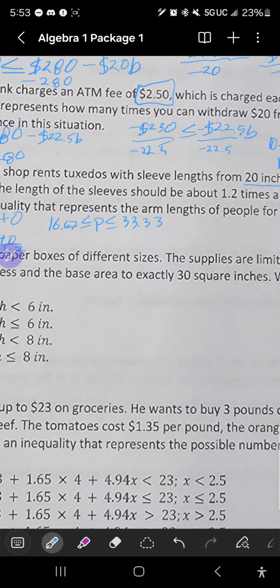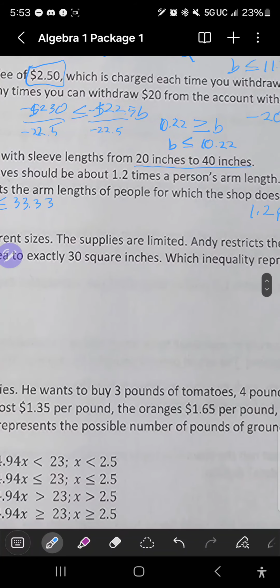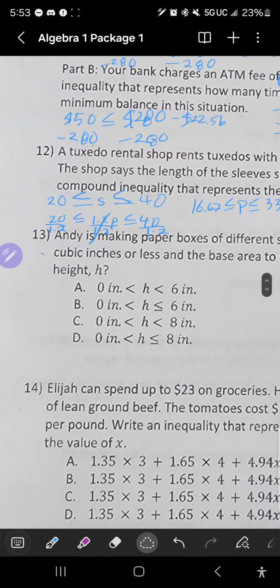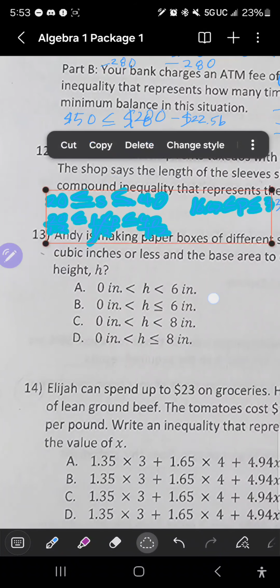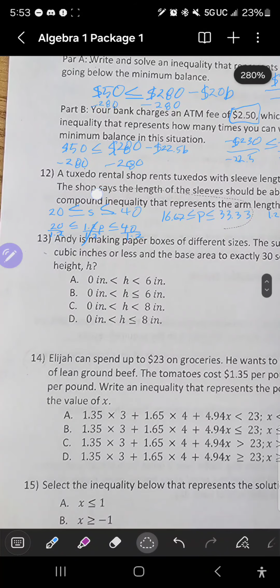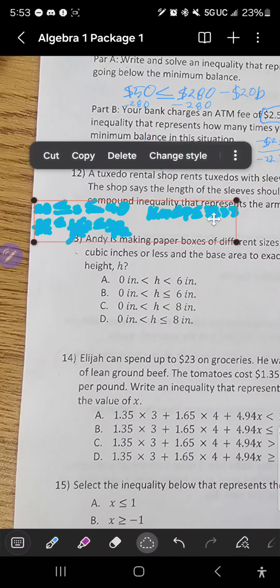Right now we solved it for the people that they provide tuxedos, so we need to find an OR inequality where the sleeve lengths are less than 20 or more than 40. I'm sorry, this is a good explanation for another exercise. I just didn't read it right from the first side.